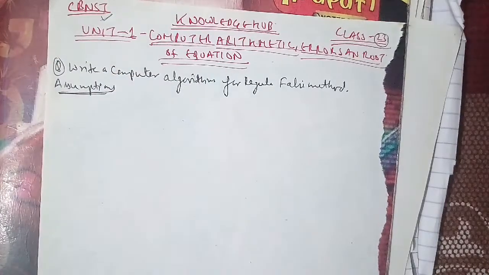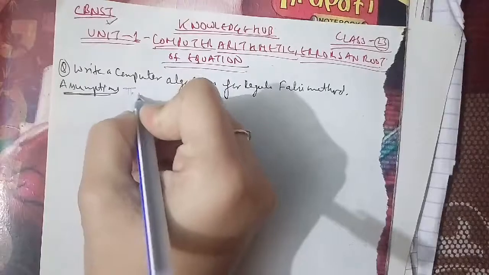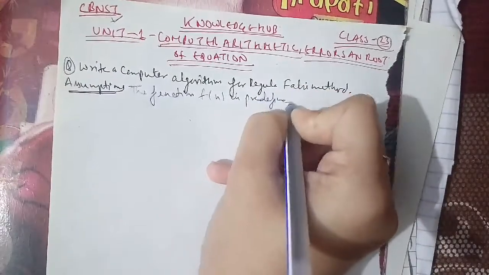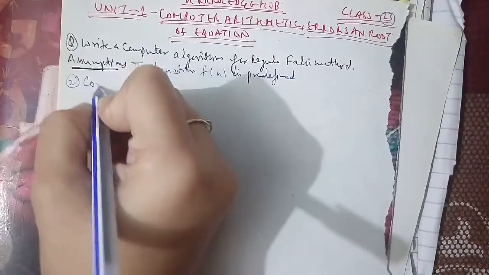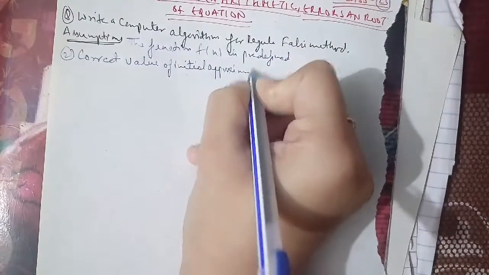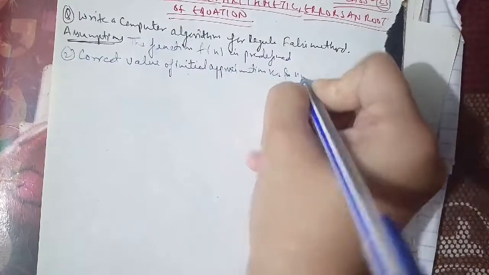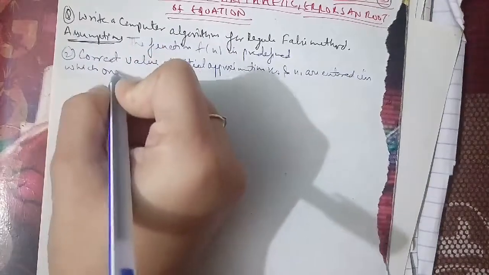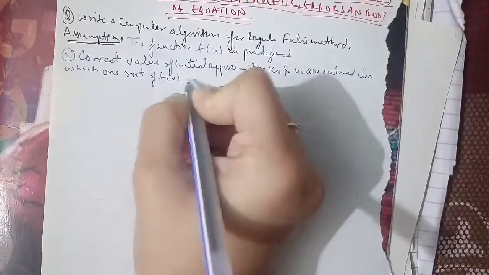The first assumption we have is that the function f(x) is predefined, and the second assumption is that correct values of the initial approximations x0 and x1 are entered, in which one root of f(x) lies.